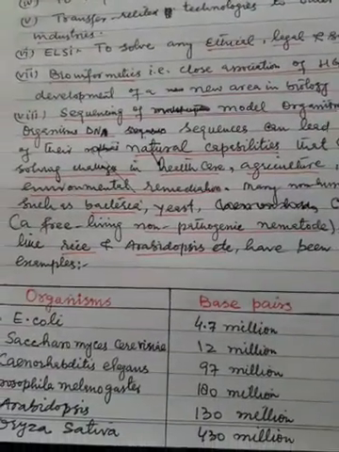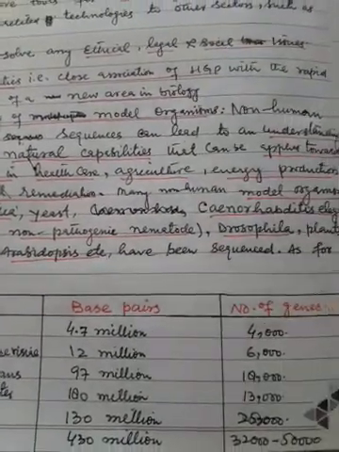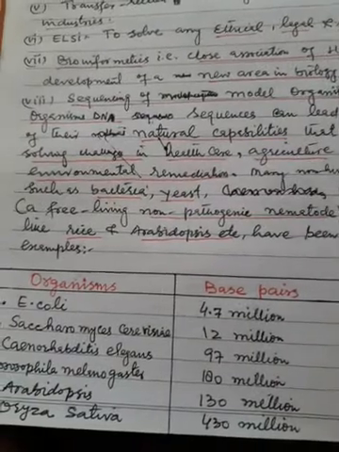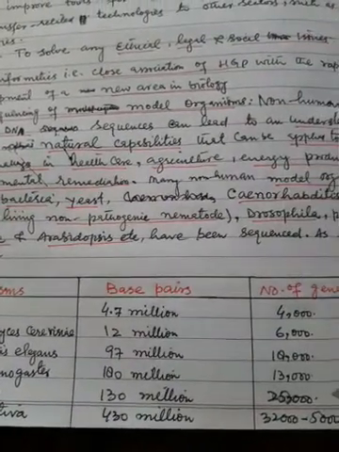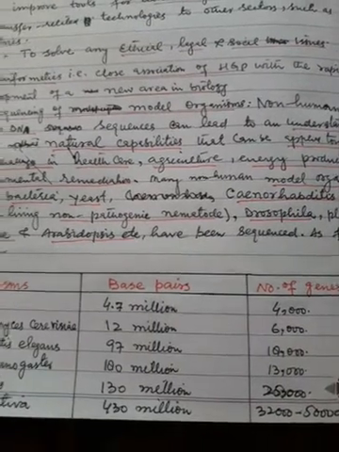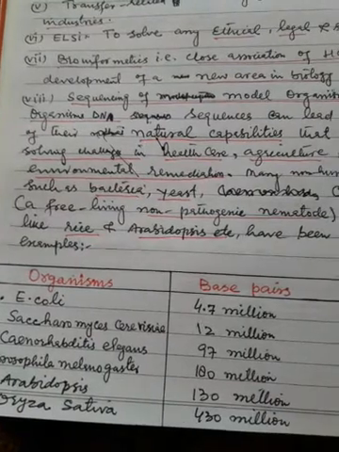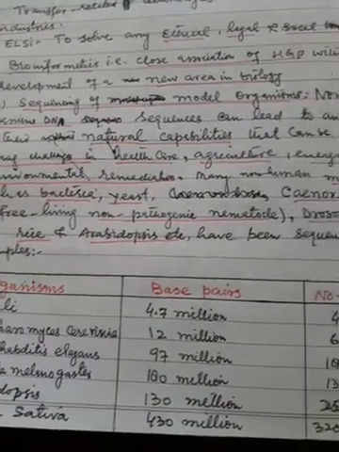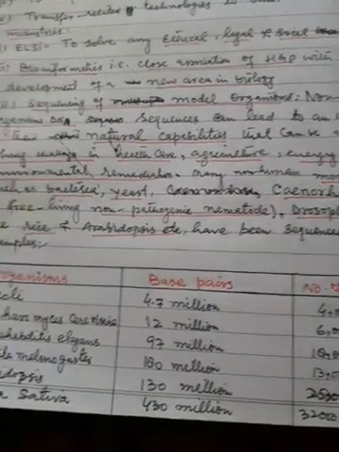As for example, in the table you can see organisms, base pairs, and number of genes. Organism E. coli with 4.7 million base pairs and 4,000 genes. Saccharomyces cerevisiae with 12 million base pairs and 6,000 genes.